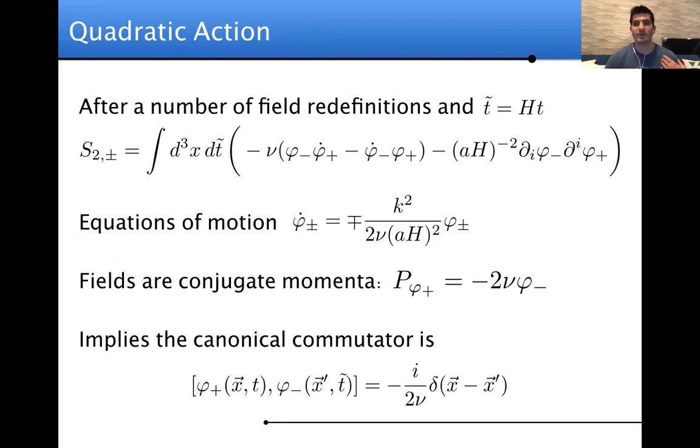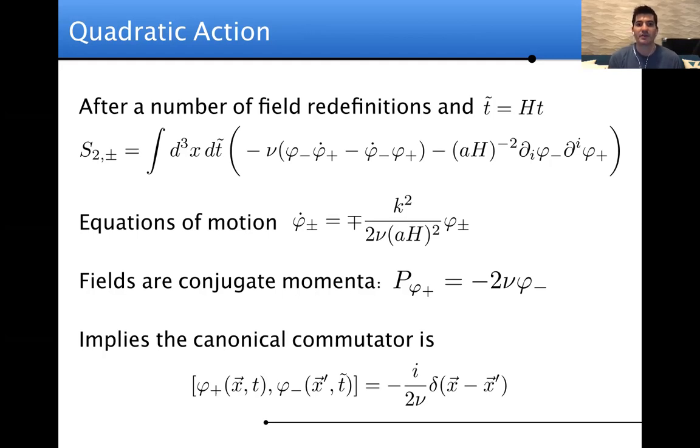Now, if we take a free action and we just plug in this ansatz, we'll arrive at the following action after a number of field redefinitions. So the key thing to notice here is that we arrive at a first order kinetic term. So we only have a single time derivative in our kinetic term, and then we have a second order gradient term.